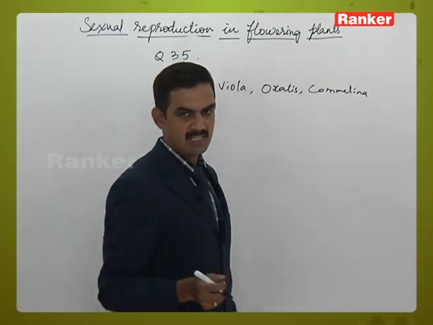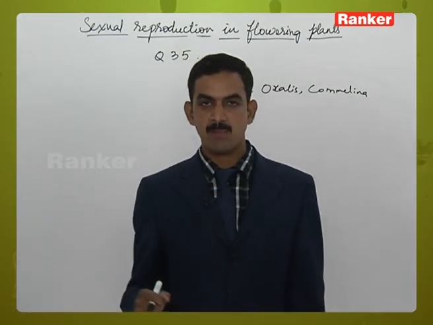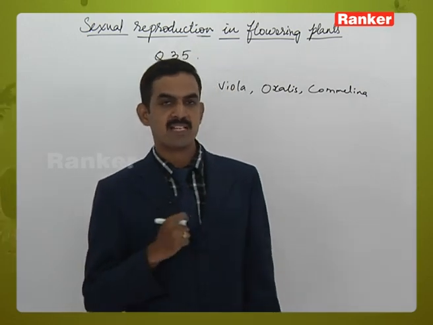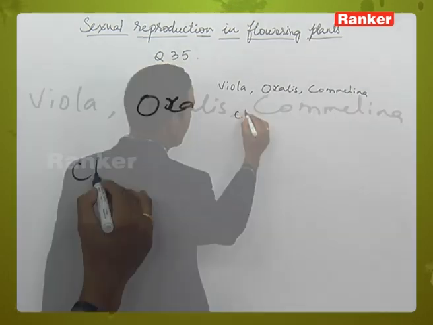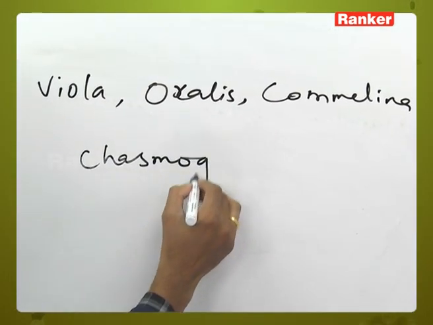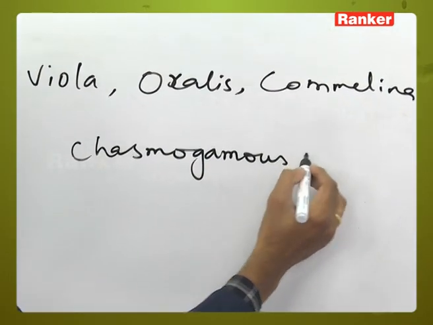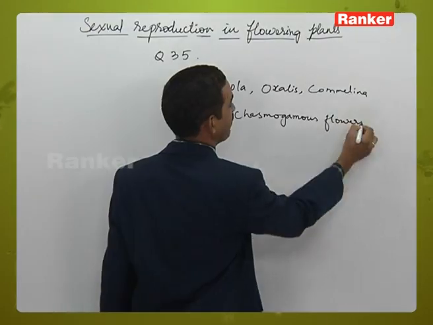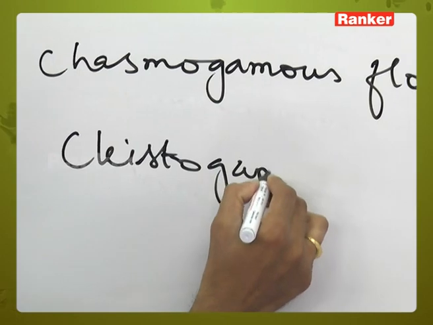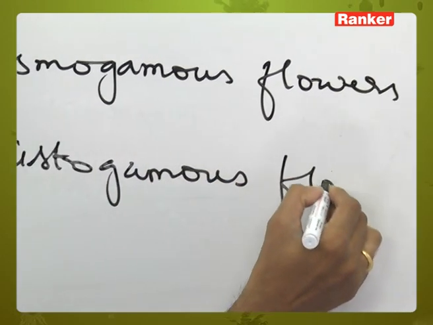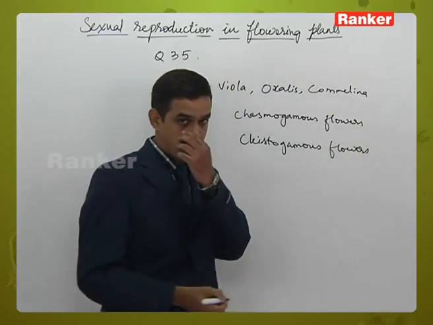In these three plants, two types of flowers are present in each plant: chasmogamous flowers and cleistogamous flowers. Chasmogamous flowers are the flowers which open, whereas cleistogamous flowers are the flowers which never open.